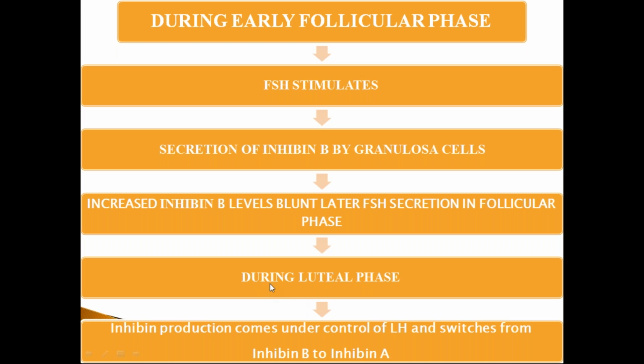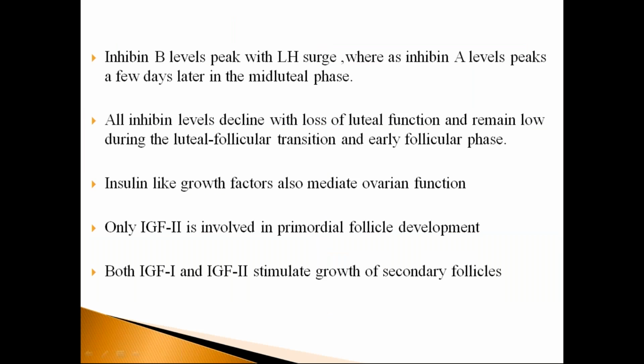During this progesterone phase, which we call the luteal phase, inhibin production comes under the control of LH and switches from inhibin B to inhibin A. So first FSH is raised, and FSH stimulates the granulosa cells and follicular development, and inhibin B is secreted by granulosa cells, which has a negative effect on FSH. Thereby FSH is reduced, followed by the estrogen surge, then the LH surge, ovulation, and the remaining 14 days of the luteal phase.